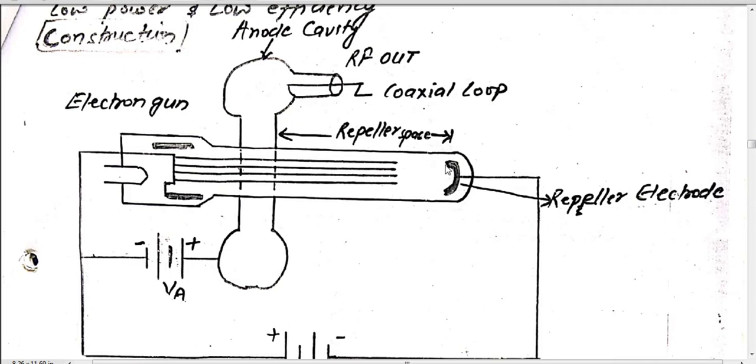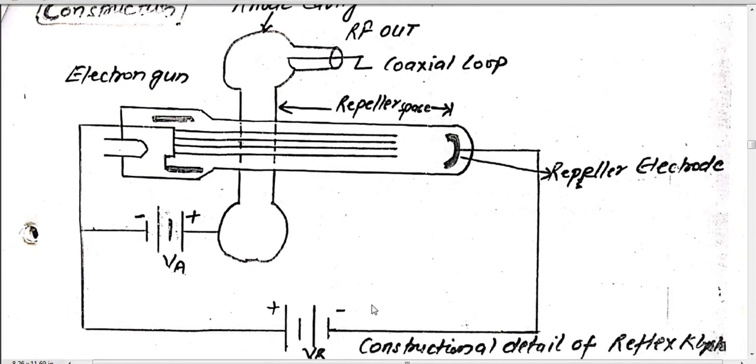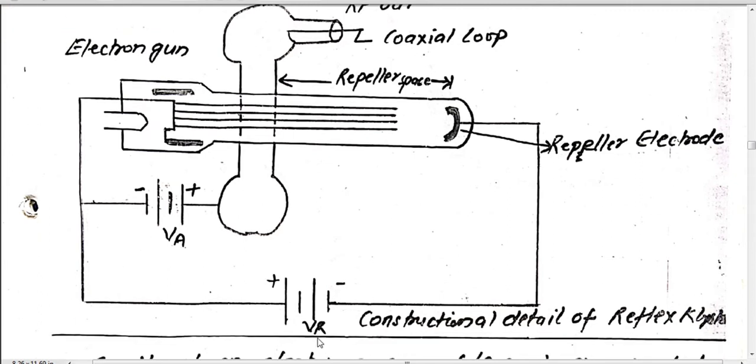This is the repeller electrode which is connected to the negative terminal of the battery. This is the negative terminal, and this potential is termed as VR.